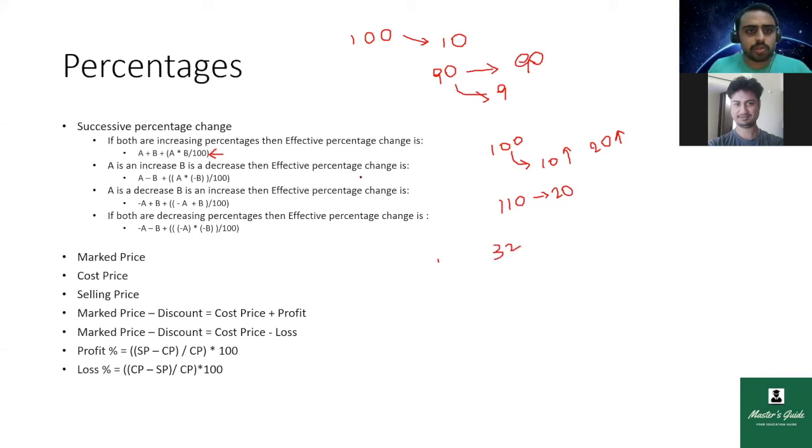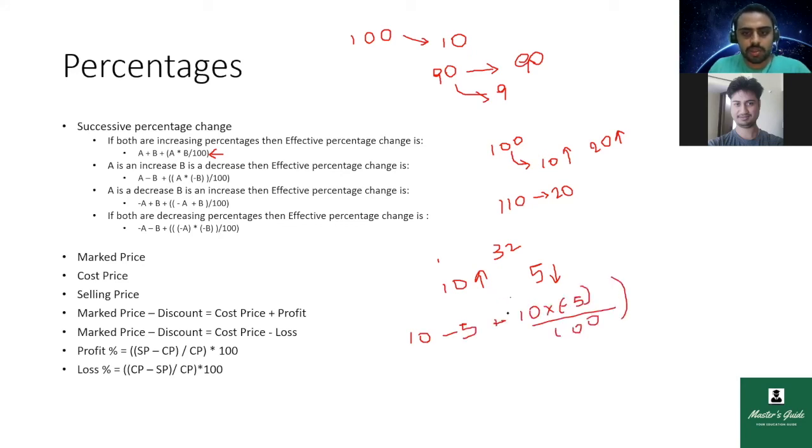Similarly, if one is an increase and another is a decrease, just denote that with a minus sign in your formula and you will be able to solve it. If one is a 10% increase and another is a 5% decrease, I would put it as 10 minus 5 plus 10 into minus 5 whole divided by 100.